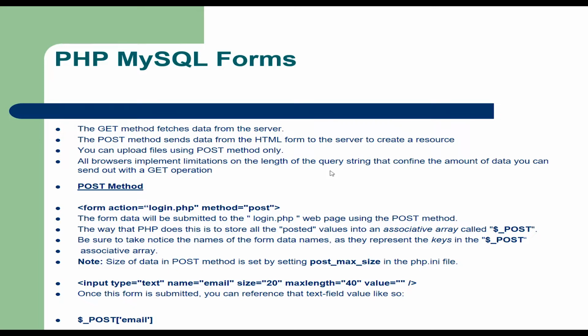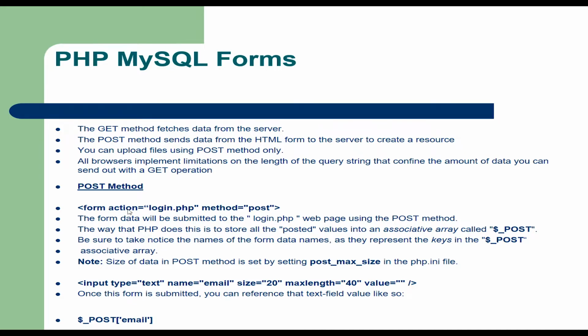So first, let us see how a post method works. First of all, we need to create an HTML form, and inside the HTML form over here we have provided two parameters. First is the action parameter, action is equal to login.php, and the second is method equal to post.